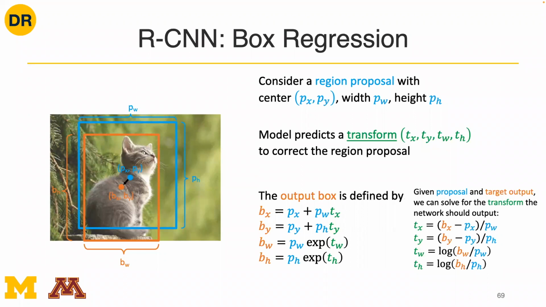Okay. So now we talked about how you're not pruning the proposals. Let's say if you're giving 2,000 proposals, the output so far that we discussed is that you'll have 2,000 labels and 2,000 bounding boxes or transformed bounding boxes.